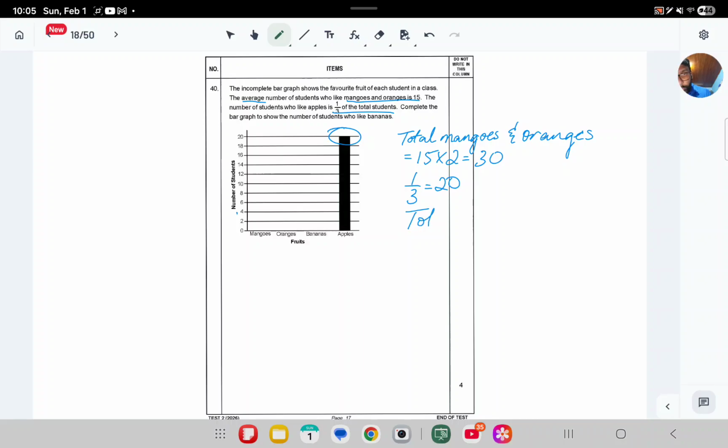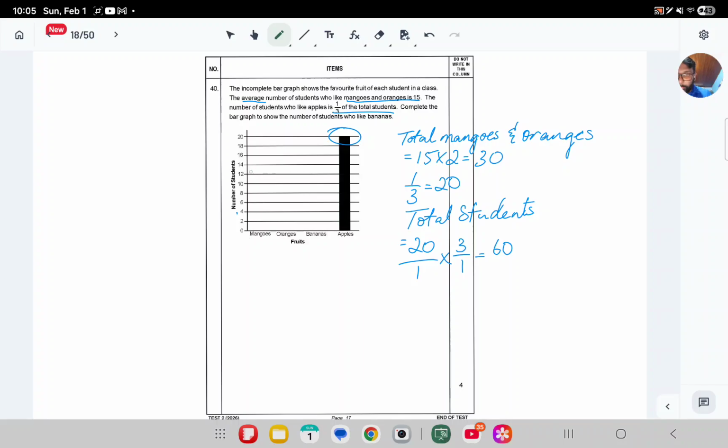Now we could find the total students. It would be the quantity given, which is 20, multiplied by the invert of the fraction, which is 3/1. So 20 multiplied by 3 is 60. So we have a total of 60 students.